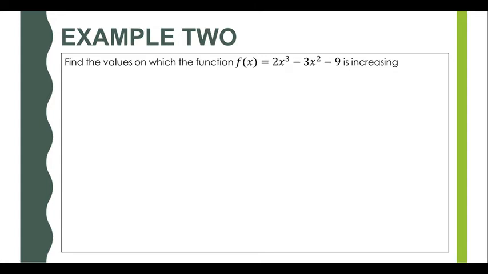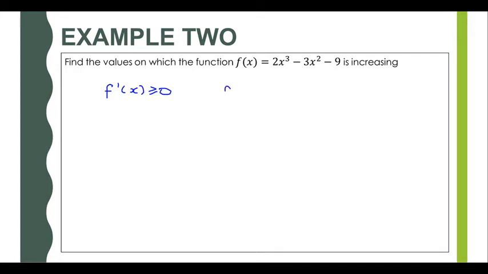The second example is slightly different. We're asked to find where the function f of x is increasing, which means that f dash of x is greater or equal to 0. So we need to find f dash of x. So to do this, we differentiate again.